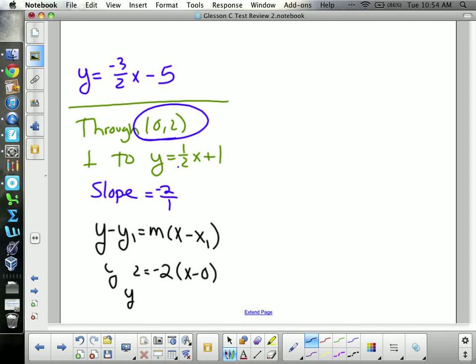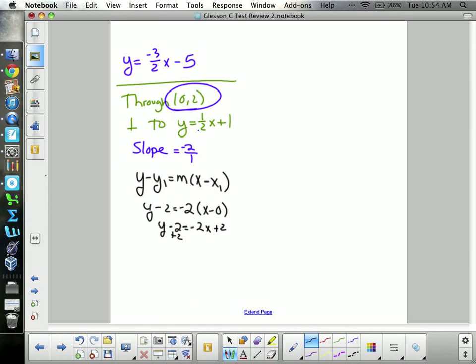Thank you. So y minus 2 equals negative 2x. Let me add 2 to each side. And I get y equals negative 2x plus 2. So I can still go through my formula.